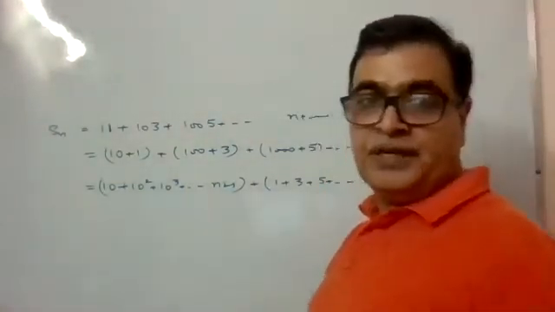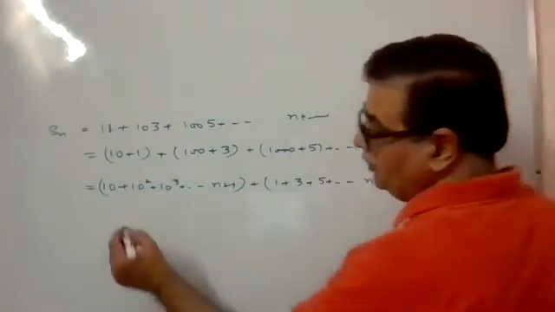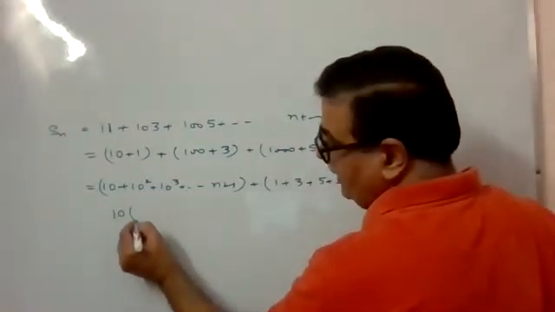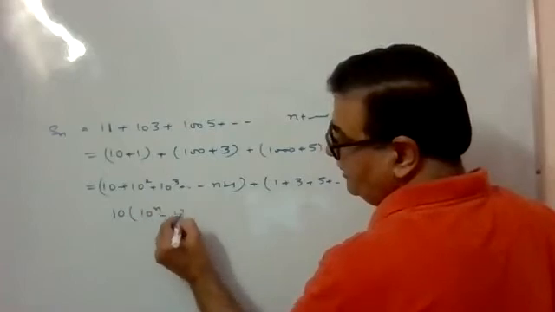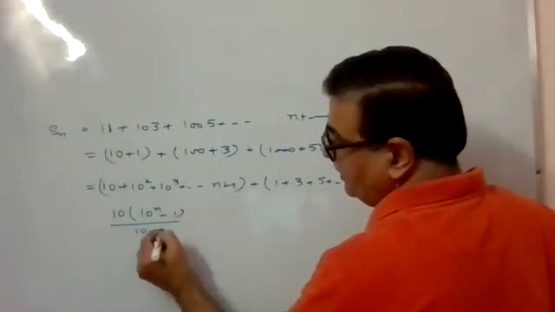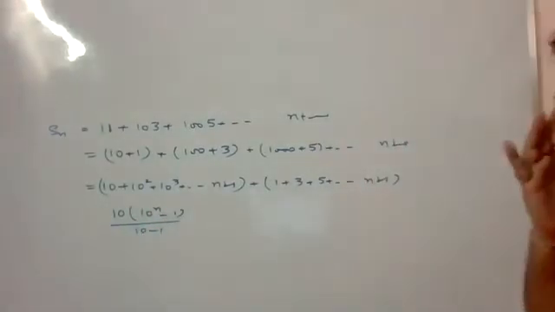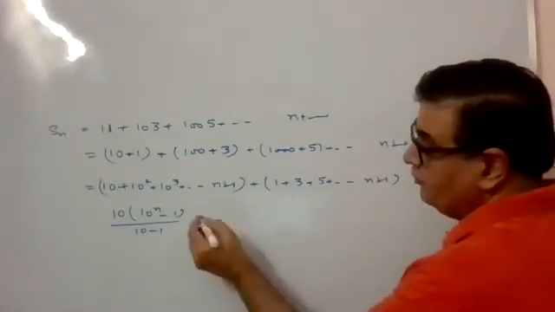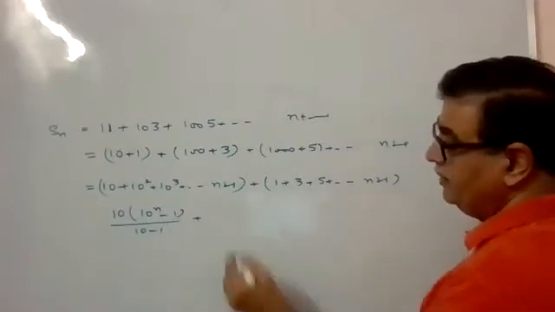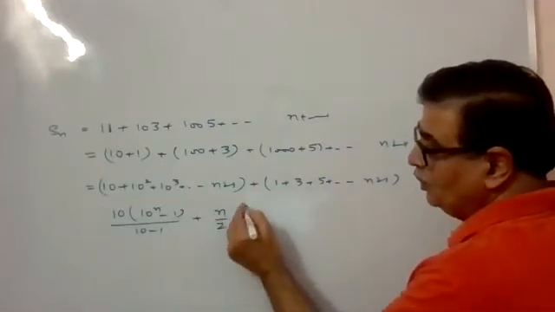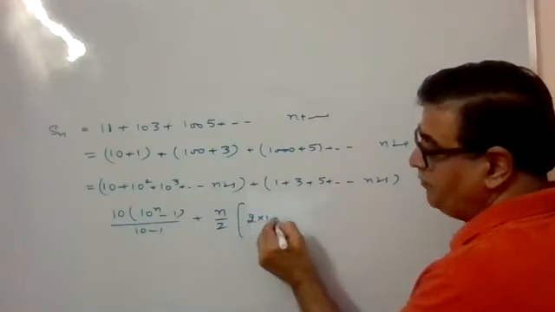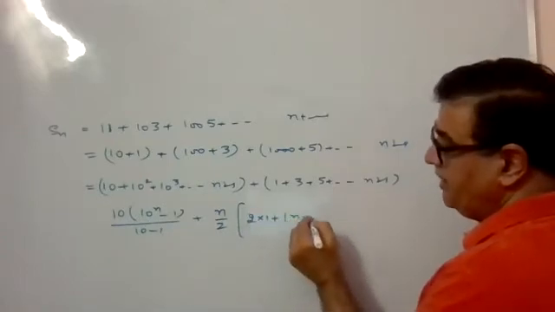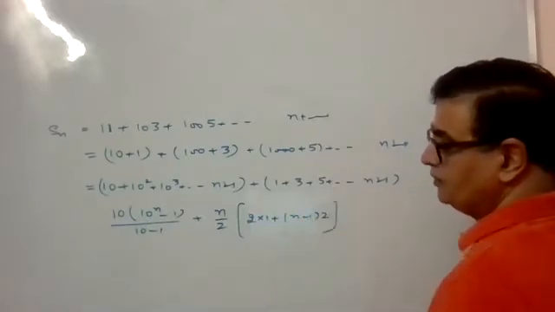This is our GP here, so the n terms sum formula we know: it is a times r power n minus 1 by r minus 1, that is 10 times 10 power n minus 1 by 10 minus 1. And it is clearly an AP. If it is an AP, the sum is n by 2 into 2a plus n minus 1 into d, that is 2 into 1 plus n minus 1 into 2.